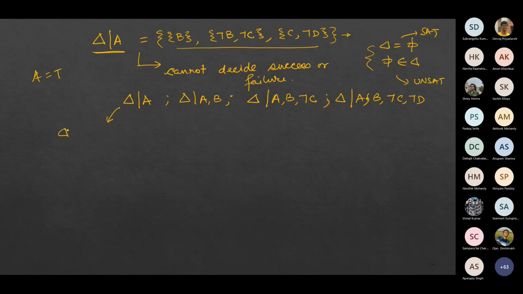So we have the delta and we are setting A equal to true. What does that mean? That means we are adding this clause A to the knowledge base. Do you agree with this?